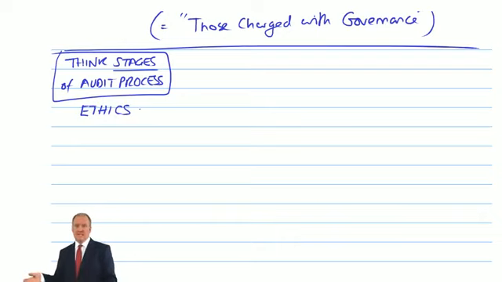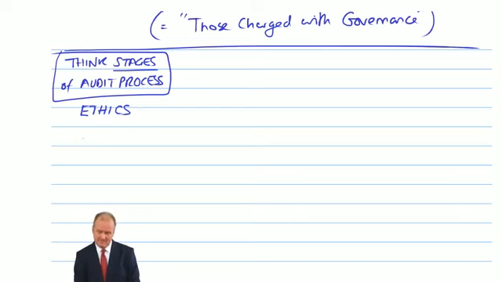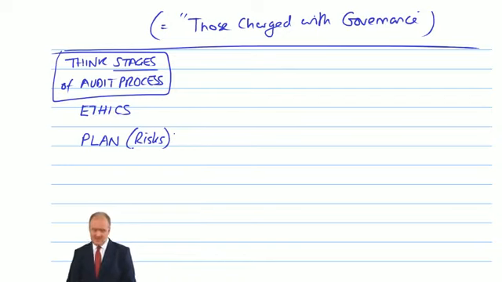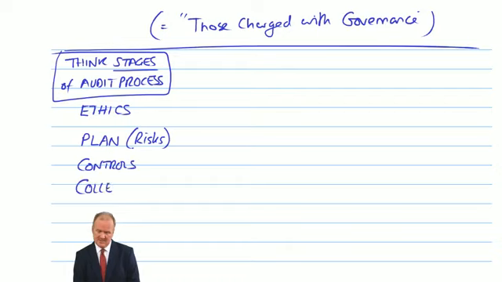Well, there's the ethical considerations before we're even taken on as auditor. We then plan the audit, which is primarily about risks and responses, as we've just done. The next core area is controls. We then collect the evidence. And we finalise. And we report.